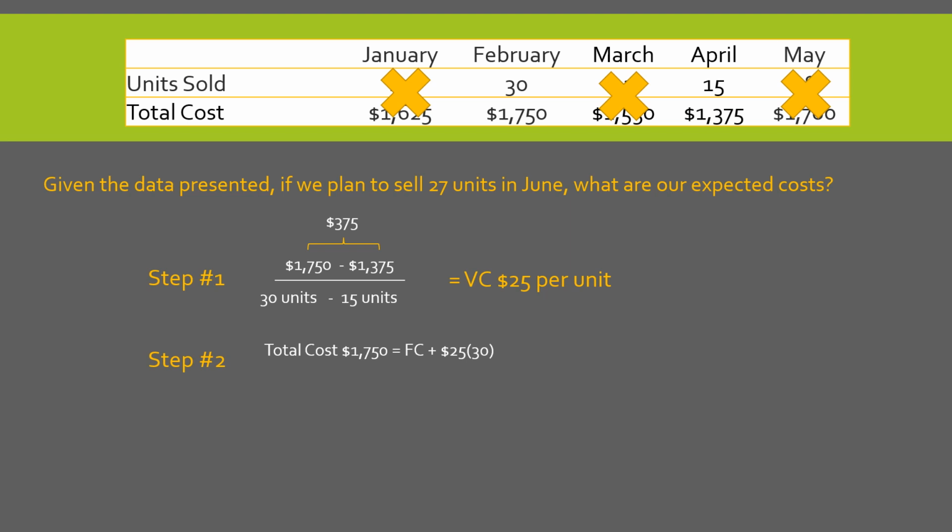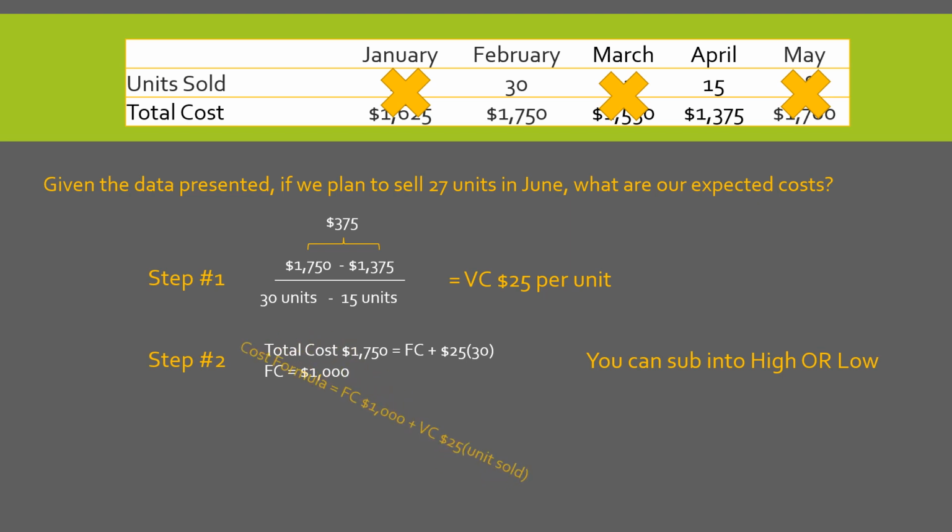I know the total cost is $1,750, and that equals some unknown fixed cost that we're going to solve for, plus the $25 per unit that we just solved for in step 1, multiplied by the activity at high of 30 units. When I do that, I can solve that fixed cost equals $1,000. If I had substituted into low, I would have also calculated that fixed cost equals $1,000. It doesn't matter whether I substitute into high or low.